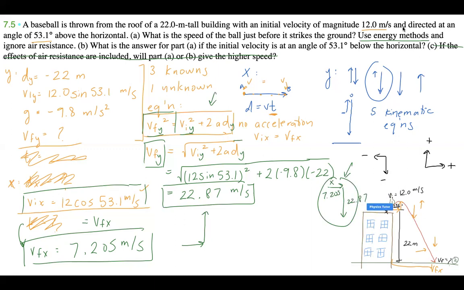And we're trying to find VF, which is this component right over here. I'm just going to rewrite that in red so it's very obvious and very clear. How do we get that? If we want VF, we have to get the square root of VFX squared plus VFY squared.